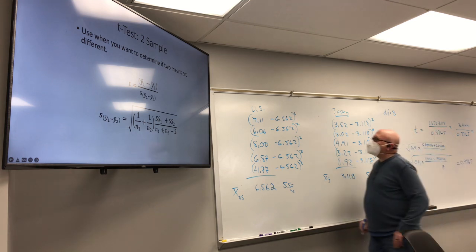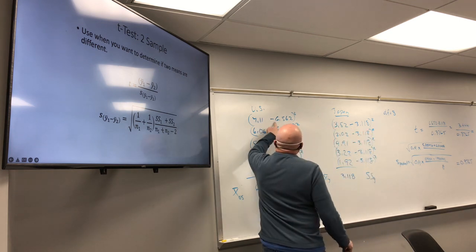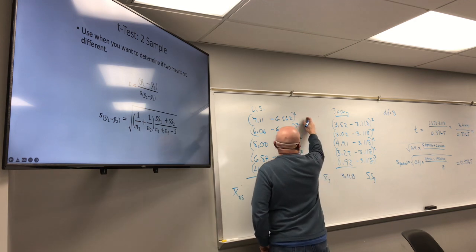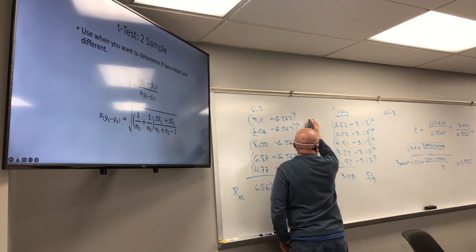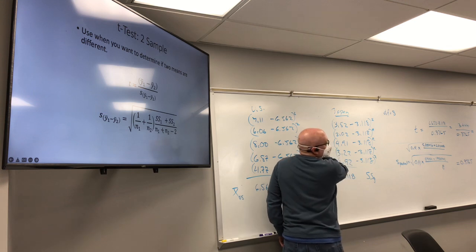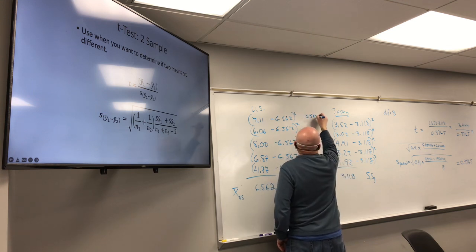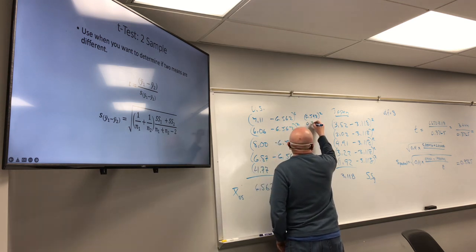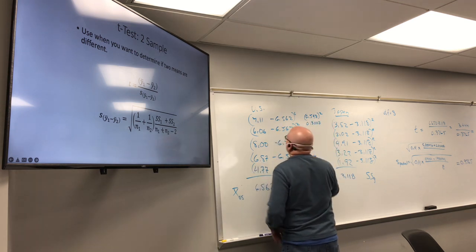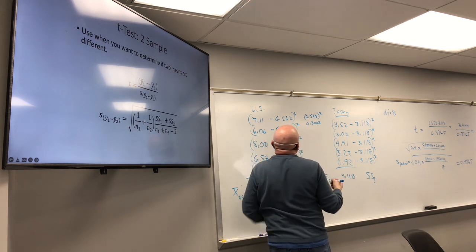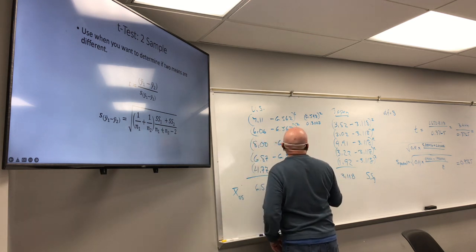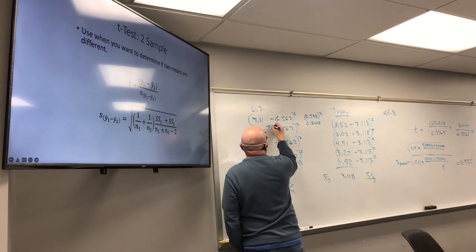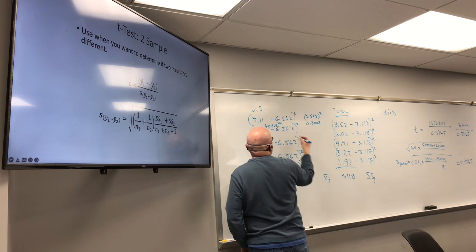Okay, so let's look at what went wrong. So what is 7.11 minus 6.562? So when you square that, what do you get? 6.06 minus 6.562 squared.